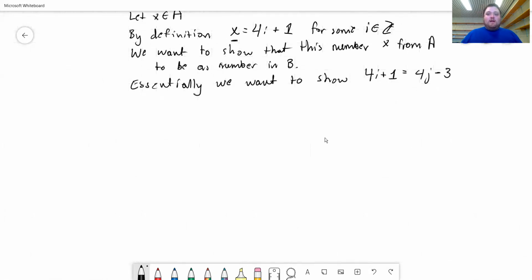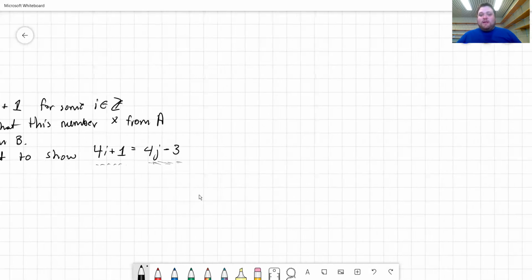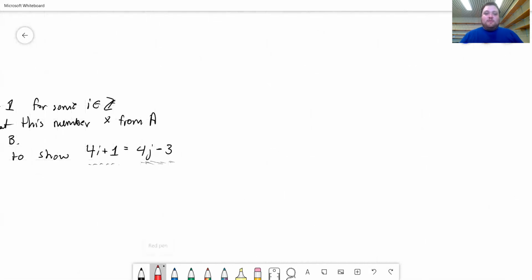Okay, well, basically we need to find how we get from this number here and prove that this number is equal to this number. Well, we're just going to pause here for a moment and do a quick aside. So recall that A is n such that n is equal to 4k plus 1.